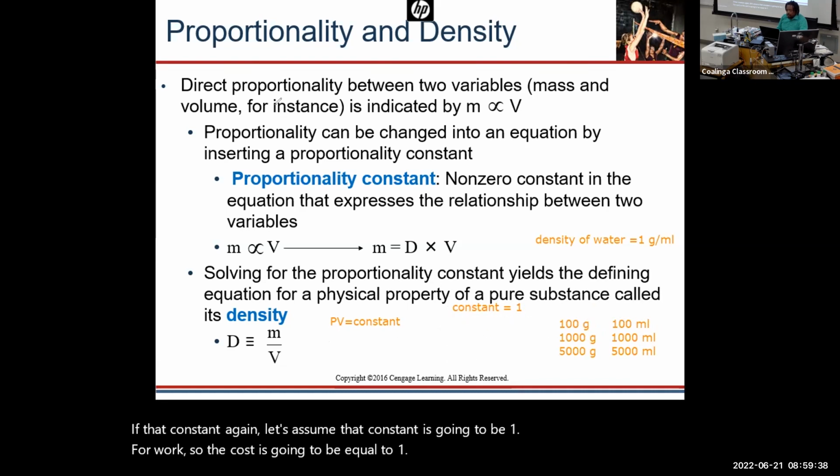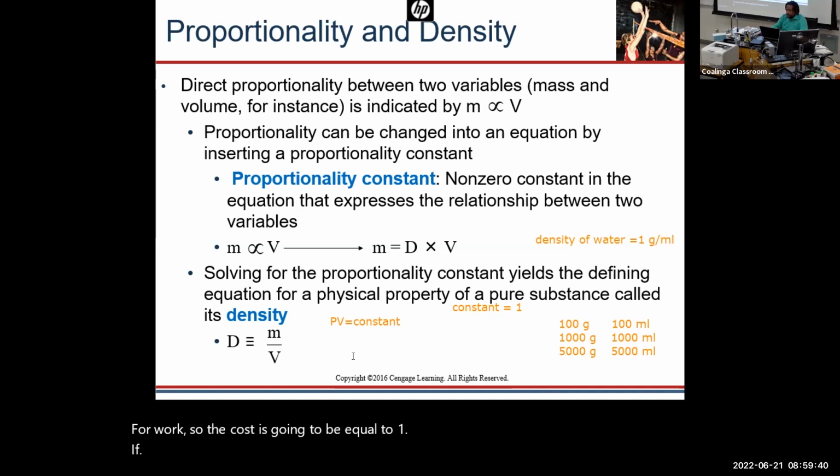If P, the pressure, is 50 ATMs, then the volume has to be what?